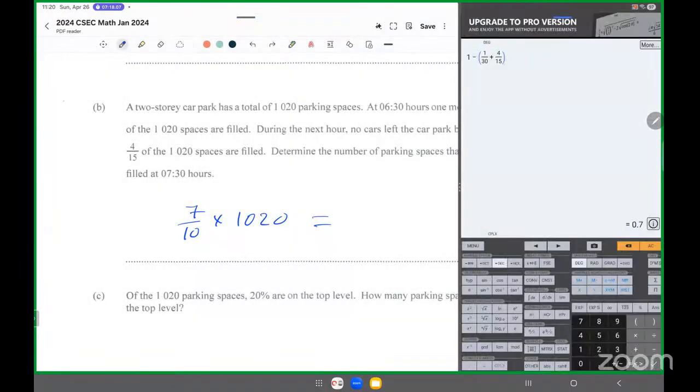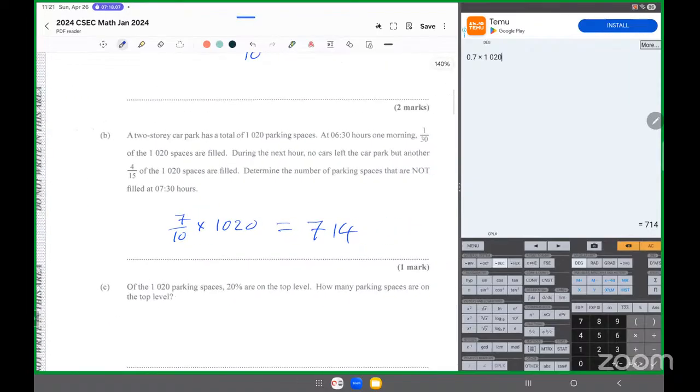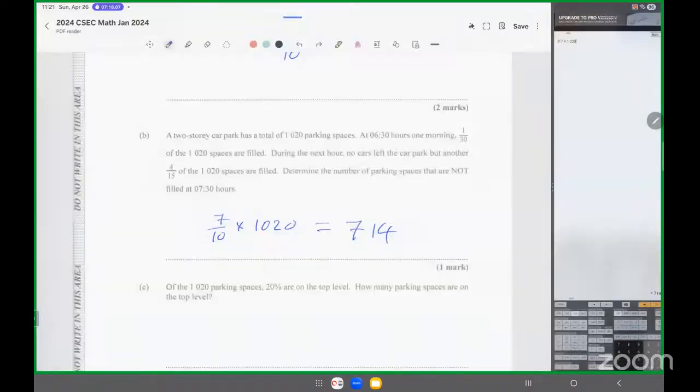So it is 7/10, which is 0.7, times 1,020, and 714 is left unfilled. Simple as that. It could be that they expected you to work out all of those things for 1 mark.